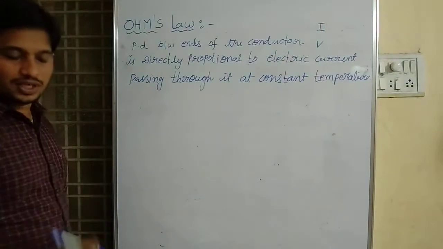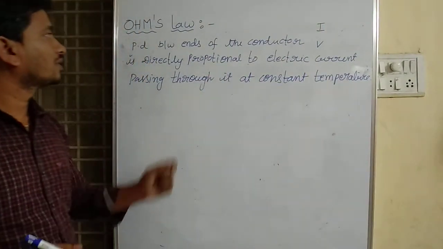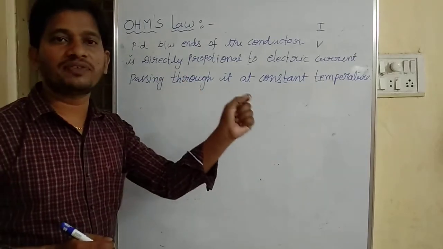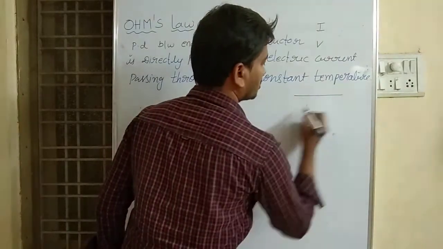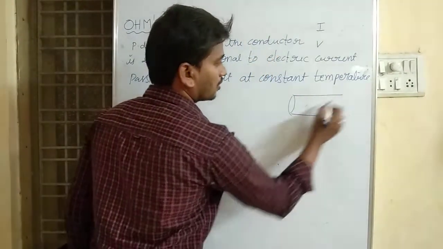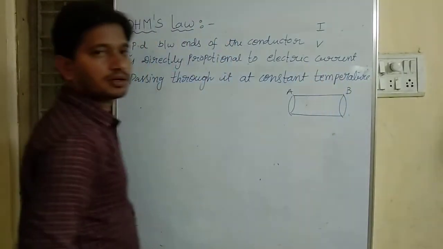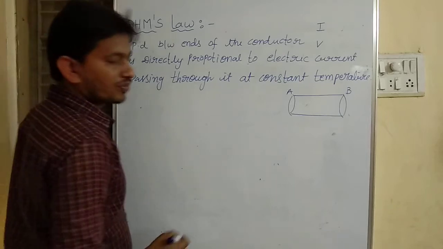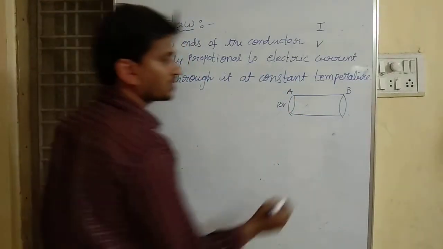Let me explain first of all. What do you mean by Ohm's law? Potential difference between ends of the conductor. For example, this is my conductor. Ends of the conductor are A and B. Suppose the potential difference between ends of the conductor is 10 volts.